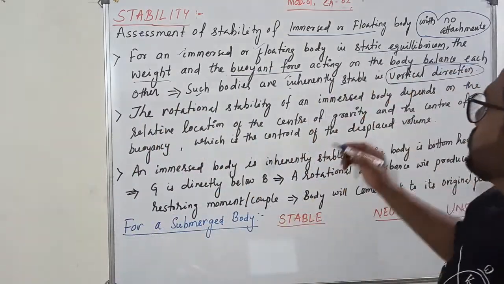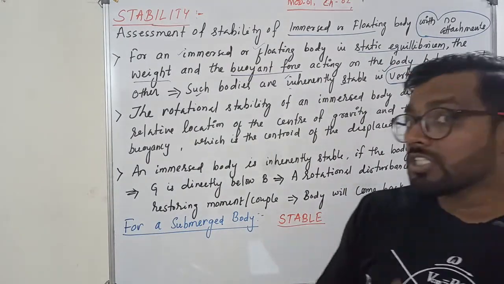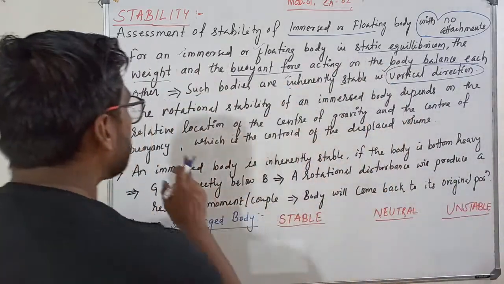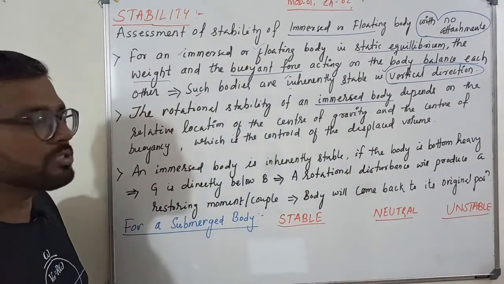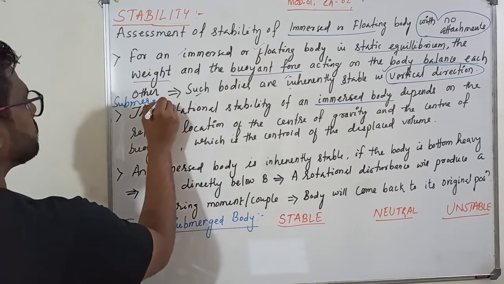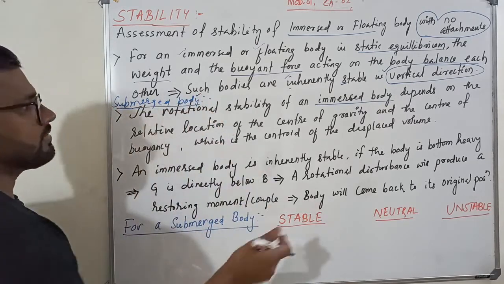So they are by default stable in the vertical direction, but they are not stable in the rotational direction. So now, the rotational stability of an immersed body. Now we are talking about a submerged body. From this point onwards, it is for a submerged body. We'll study floating body after that.